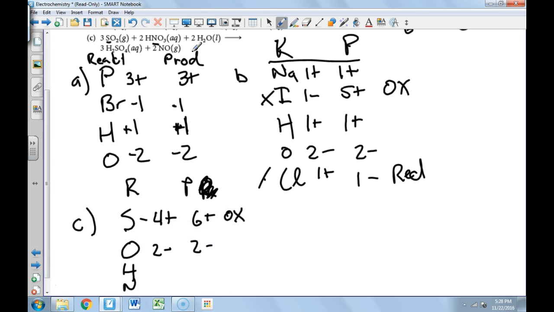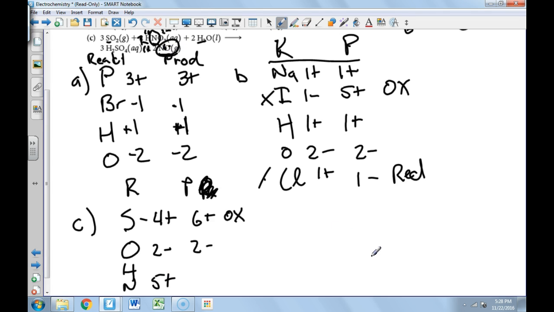Now, in terms of reduction, this is kind of an interesting deal. Let's ignore hydrogen and just look at nitrogen, because that's my guess. When we look at nitrogen here, oxygen is 2-, and there are 3 of them, so that makes 6-. This hydrogen is 1+, and we're ignoring the coefficient there, so that's 6- and 1+, which makes the nitrogen 5+ there.